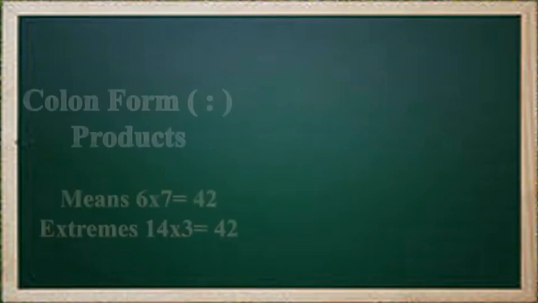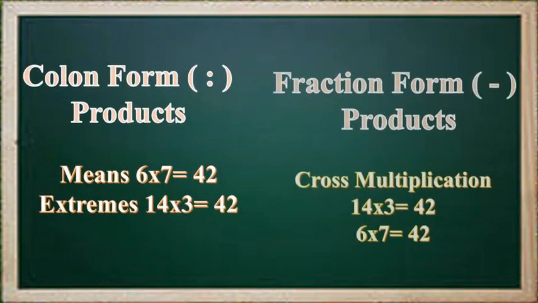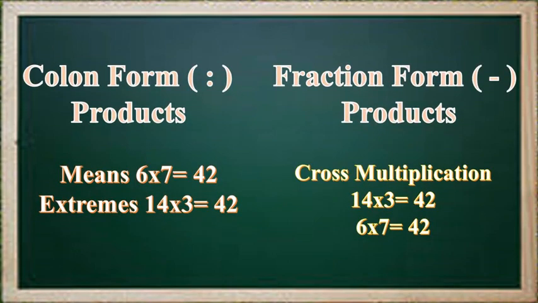Are they the same answer using column form and fraction form? Yes. So, therefore, we can use either column form or fraction form in evaluating if the two ratios are proportion. Now, from these two ways of getting two ratios if the products are proportion, we can define and describe what is proportion. You got it right!